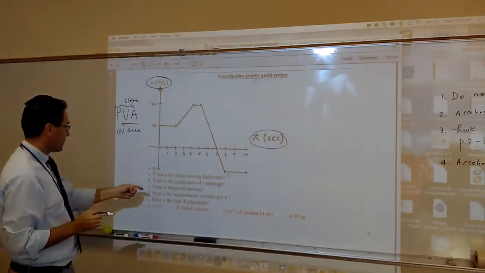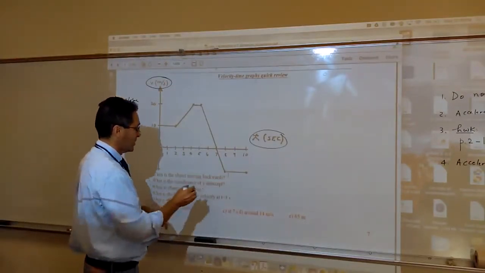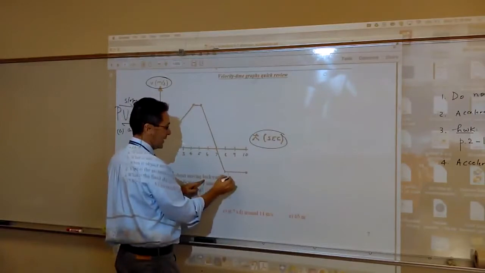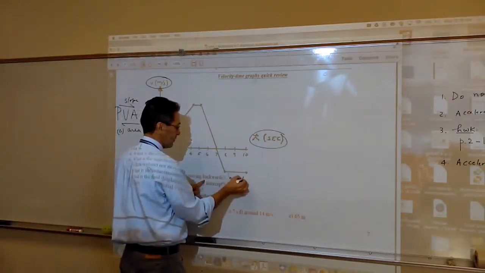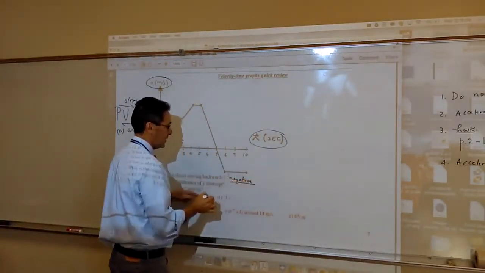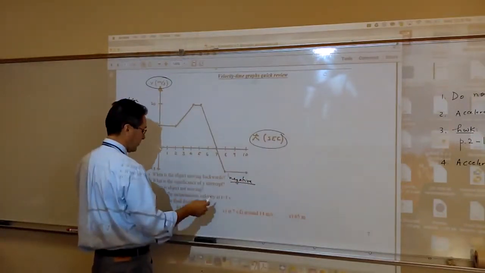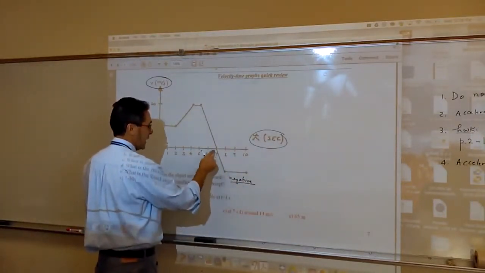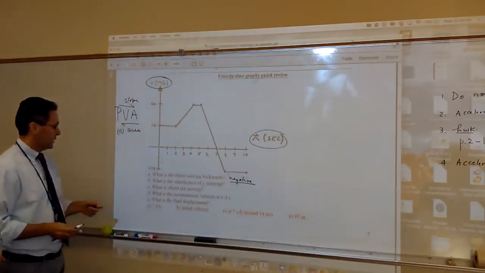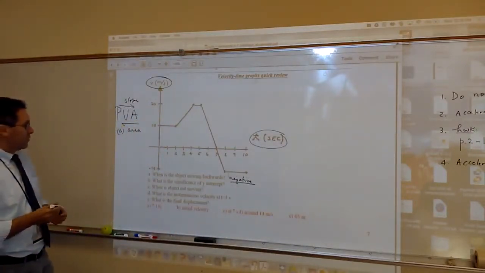All right. When is the object moving backwards? This means when is the object moving in the negative direction? The object is moving in the negative direction whenever the velocity is negative. So that happens between 7 and 10 seconds. What's the significance of the y-intercept?